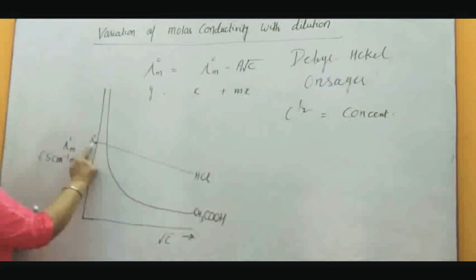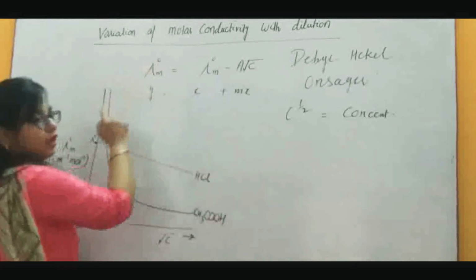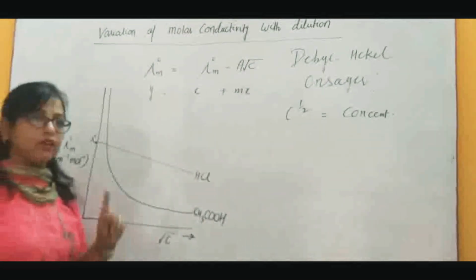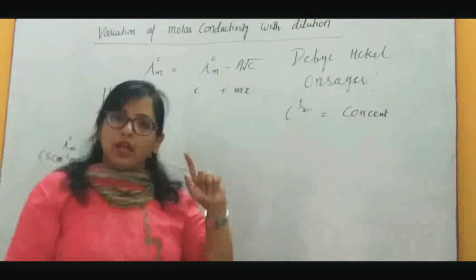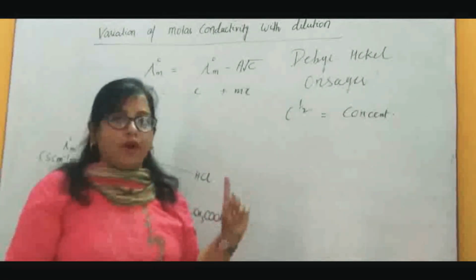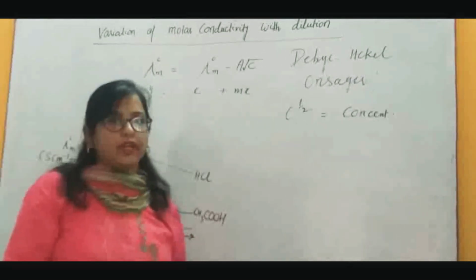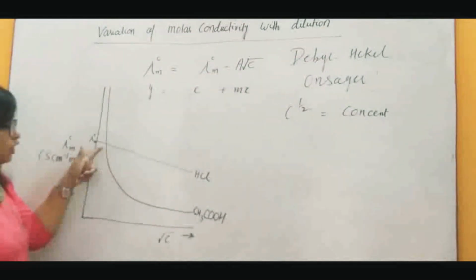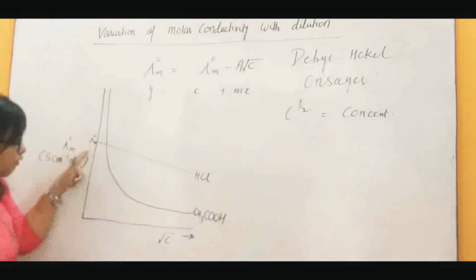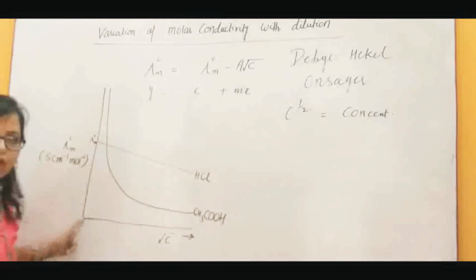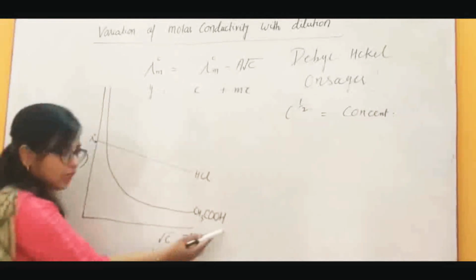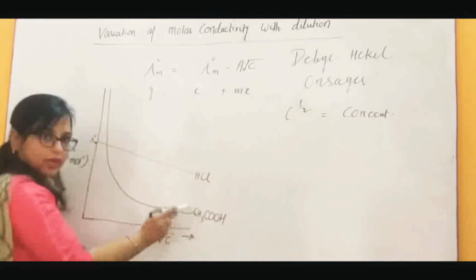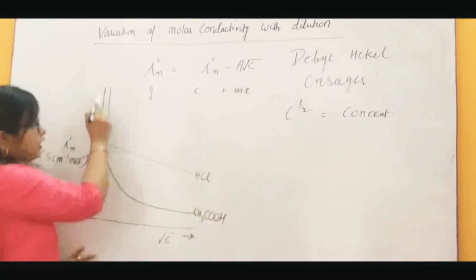This intercept on the y-axis gives the value of lambda naught m. So the first thing I want to make clear about this graph is that lambda naught m can be found for a strong electrolyte, which shows extrapolation. And second, for a weak electrolyte, you can see the graph like this.